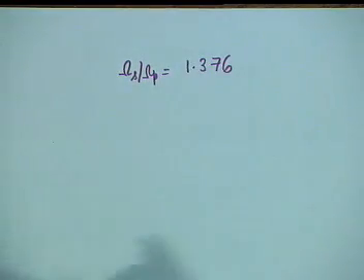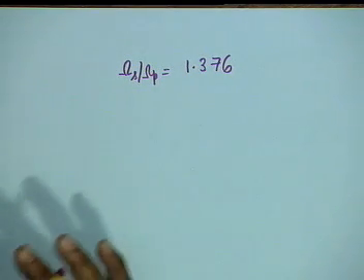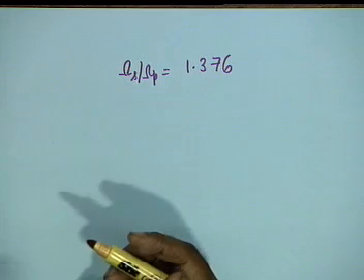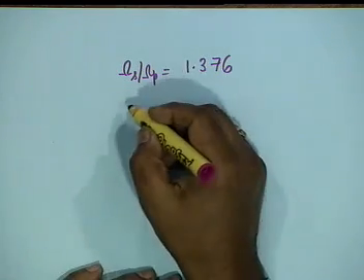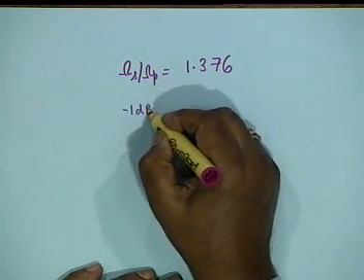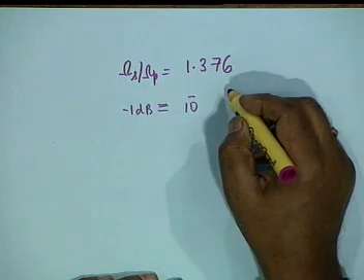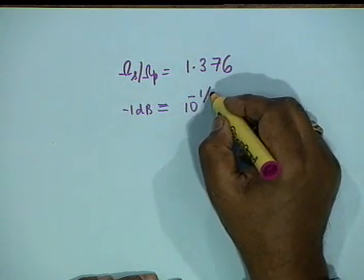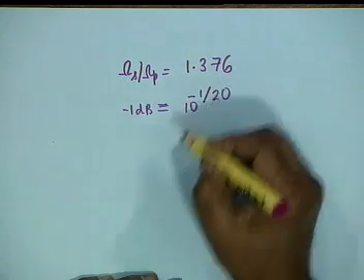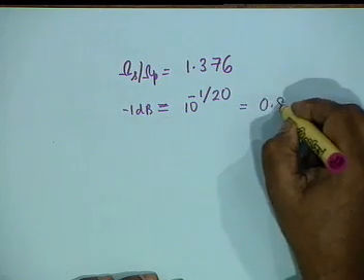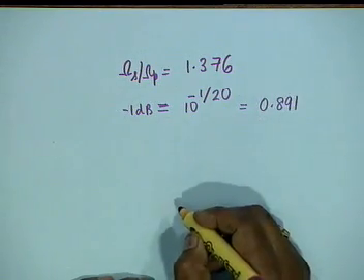Then I must also find out, if I aim for a Butterworth or Chebyshev or whatever it is, I must convert these dBs to corresponding ratios, and minus 1 dB is equivalent to 10 to the power minus 1 by 20. Do not make a mistake, 10 to the minus 1 by 20, and this comes as 0.891.